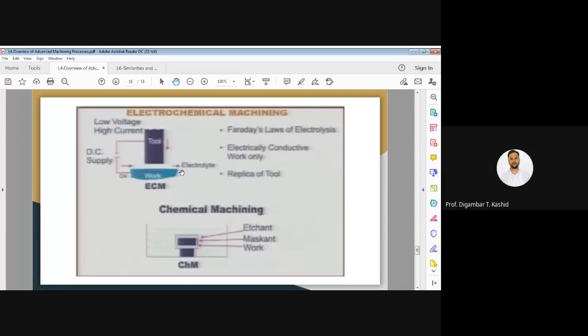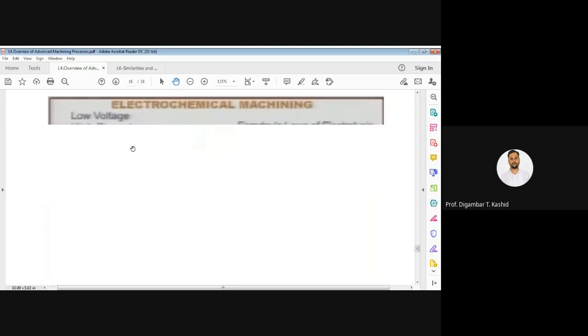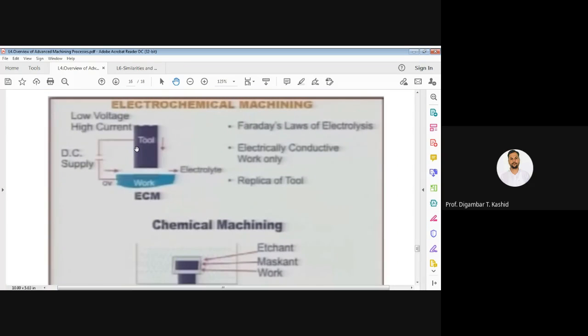In this diagram you have the tool, which is connected to the negative terminal of your DC power supply, and you have the workpiece, which is connected to the positive terminal. Your tool is connected to the negative terminal, that means it will act as cathode, and your workpiece is connected to the positive terminal, that means it will act as anode.